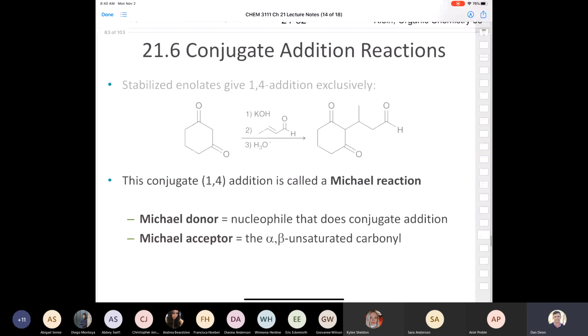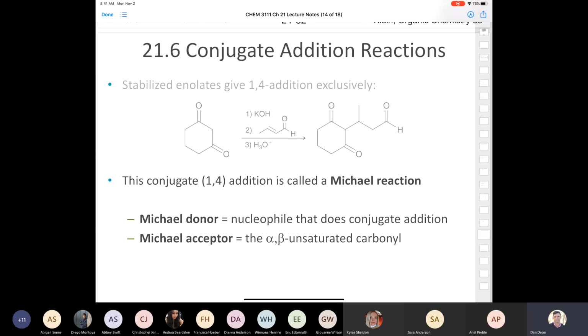The conjugate 1,4 addition has another name, and this is what most organic chemists would use. If you were talking to somebody, if you're a bench chemist like I was for most of my adult life, you'd call that a Michael reaction. You'd say, oh, I did a Michael reaction. And the Michael donor is the nucleophile, and the Michael acceptor is the alpha beta unsaturated carbonyl.